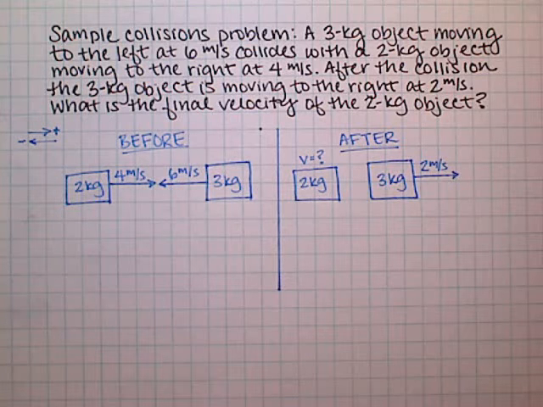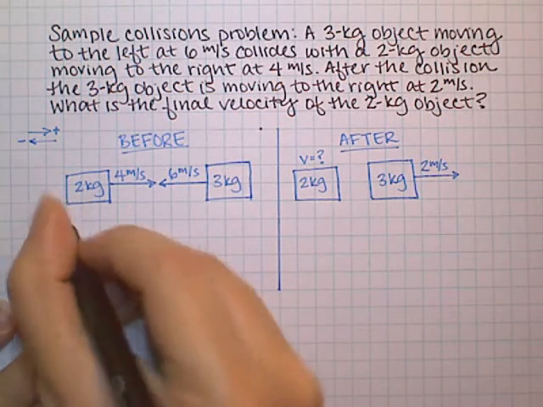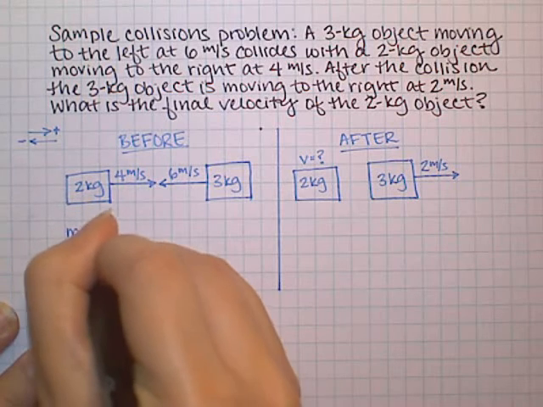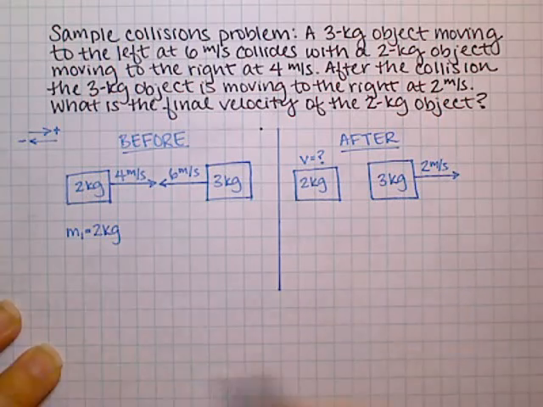All right, so I have all this information about all my objects before and after collision. I have a sense of how to keep track of direction in all of this. What I'm going to do at this point is list everything out for myself using the GUESS method. So here's my first object, my 2 kilogram object. It has a mass of 2 kilograms, so I'll label that m1 is 2 kilograms.